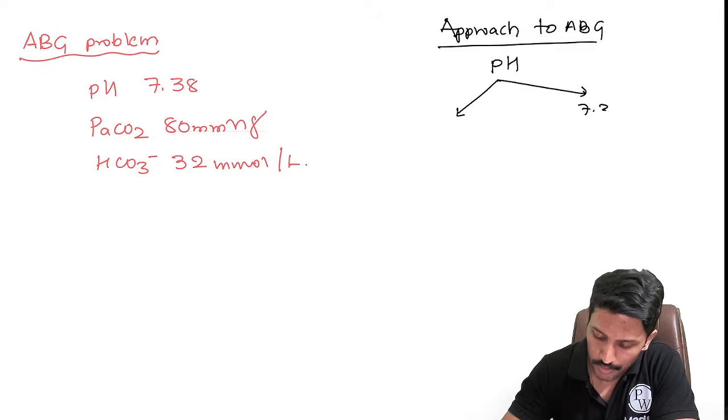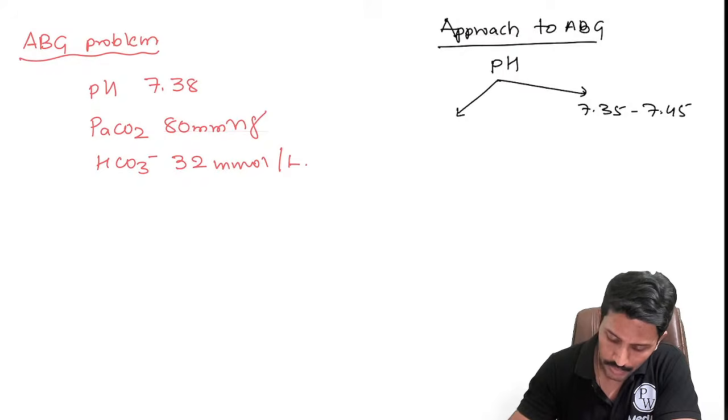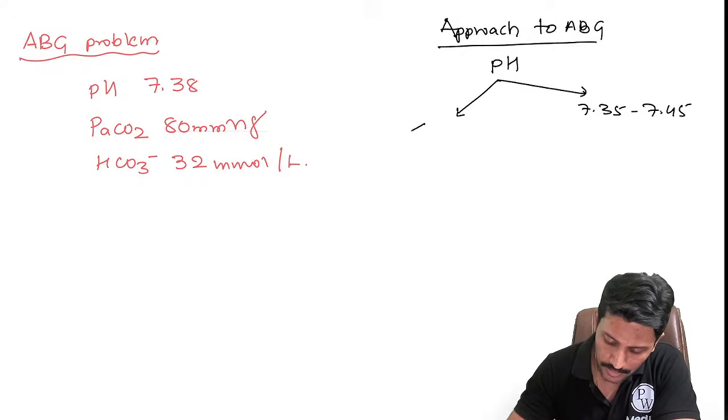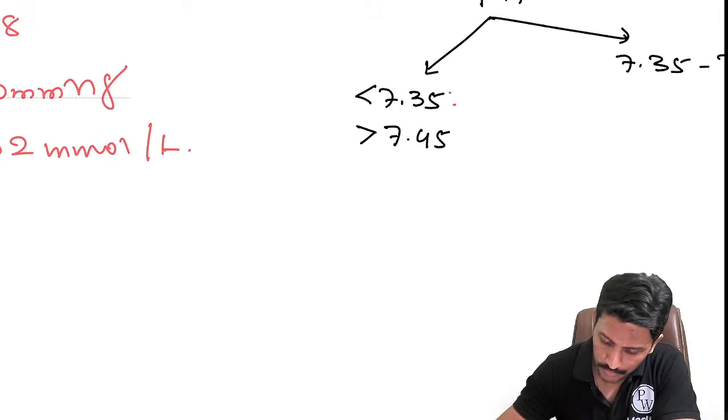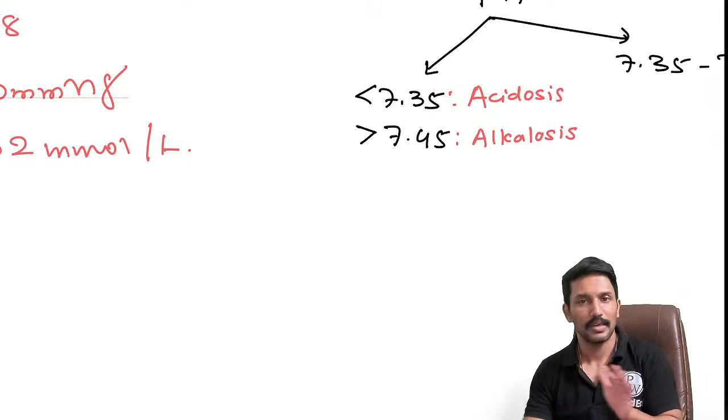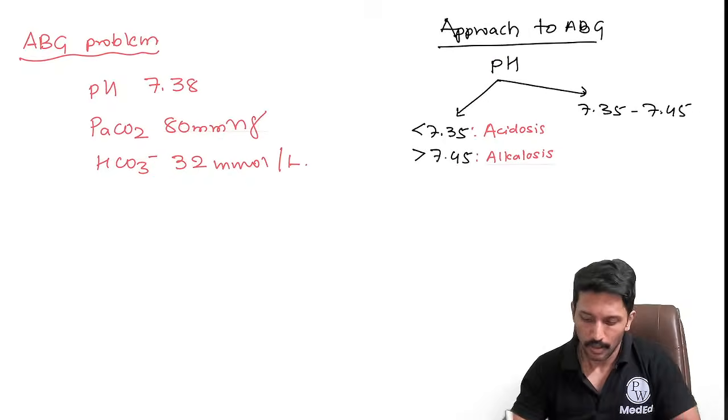Normal range means 7.35 to 7.45, as in this question, or it can be less than 7.35 or more than 7.45. We already know that if it is less than 7.35, it is acidosis, and if it is more than 7.45, it is alkalosis.